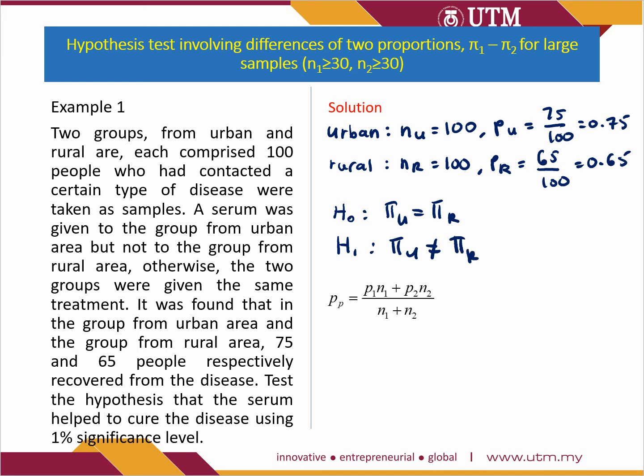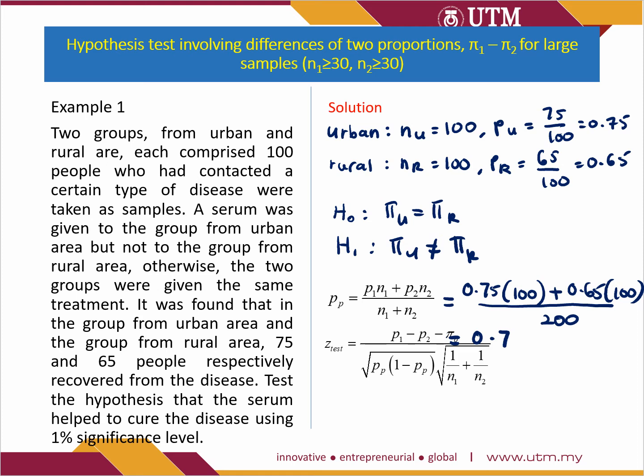So first of all, let's find the pooled sample proportion, where 1 refers to the urban: 0.75 times 100 plus 0.65 times 100, divided by n1 plus n2, which is 200, which equals 0.7.